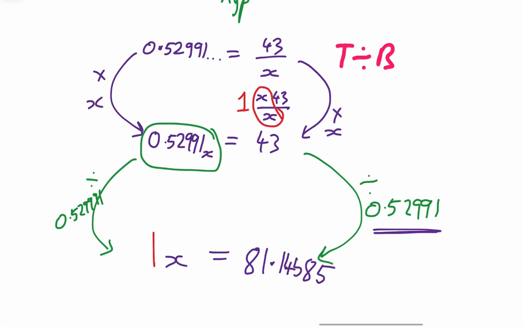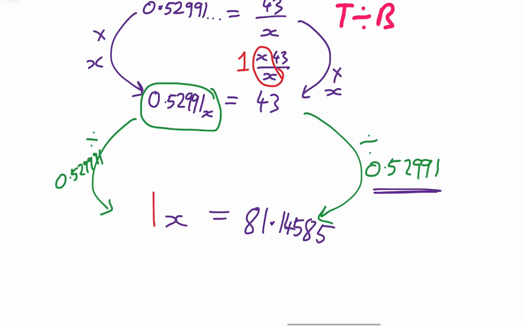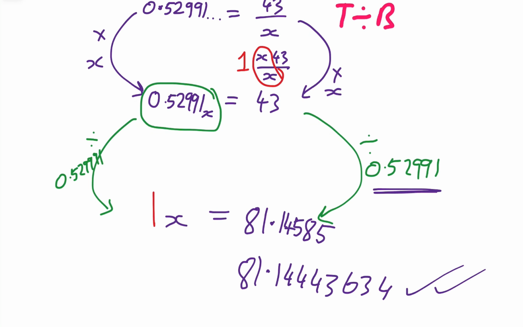If I divide it by sine 32, there probably won't be any real difference. So the more accurate answer is 81.1444364. It does make a bit of a difference. This is the better answer because I used sine 32 rather than rounding off. Again, don't round off. Keep the decimals on your calculator or just go back and type sine 32.